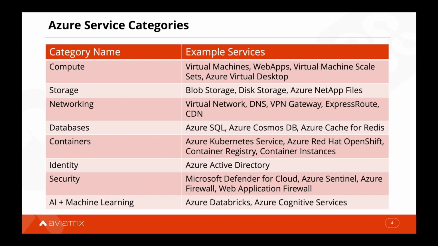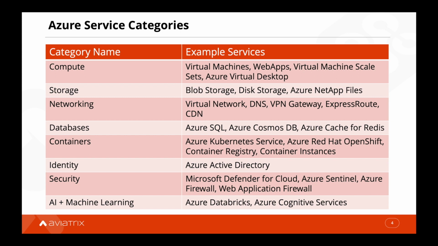Under networking, we have virtual networks, DNS, VPN and ExpressRoute gateways, content delivery network. Then under databases, we have Azure SQL DB, which is a relational database, Azure Cosmos DB, which is an object database, and Azure Cache for Redis. Under containers, we can find services like Azure Kubernetes Service and Azure Red Hat OpenShift. We also have container registry, container instances.